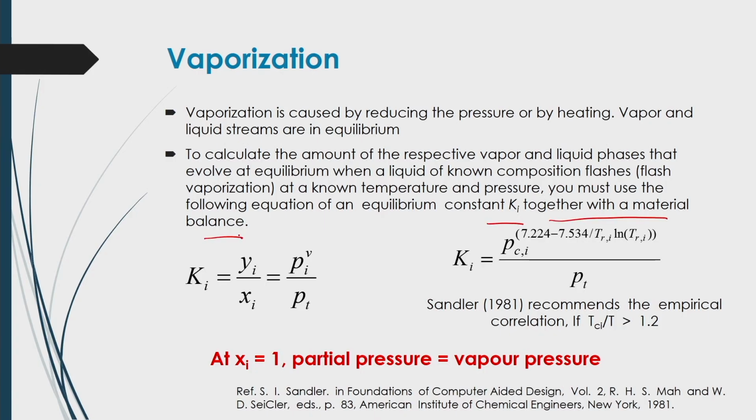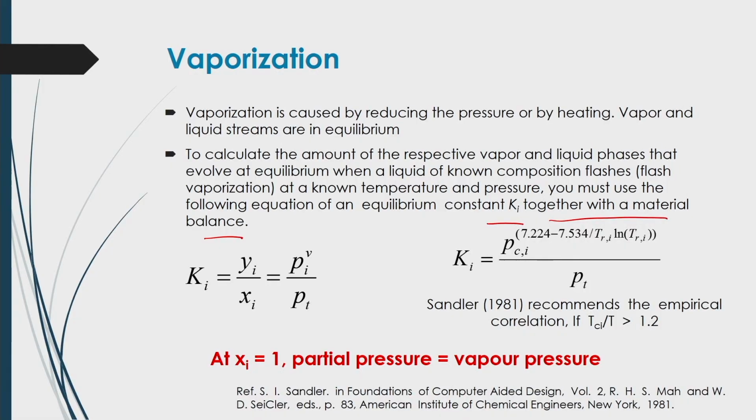So, in this case at the equilibrium condition of vaporization, vapor and liquid will be in equilibrium, and in this flash vaporization some amount of vapor will come from the top of the flash vaporizer, and from the bottom there will be liquid.